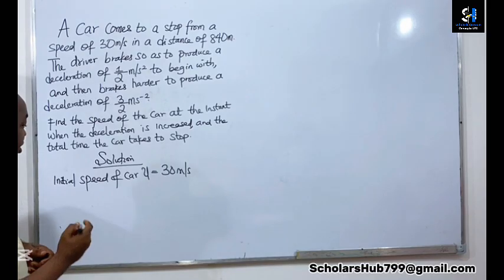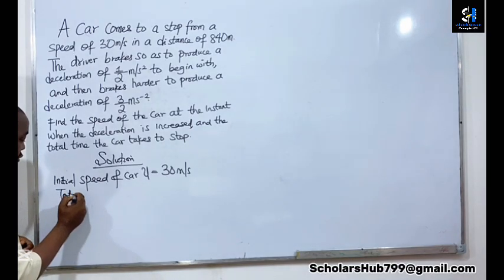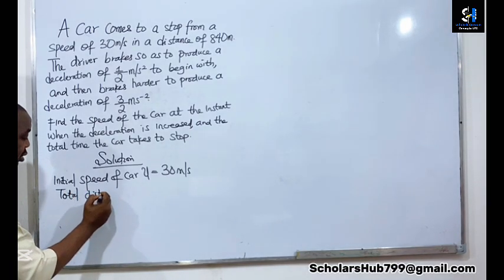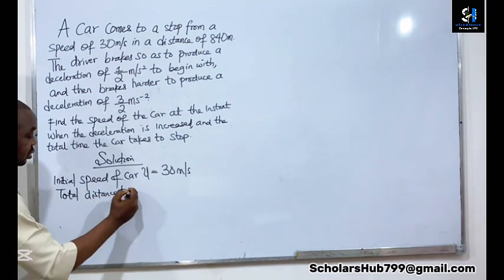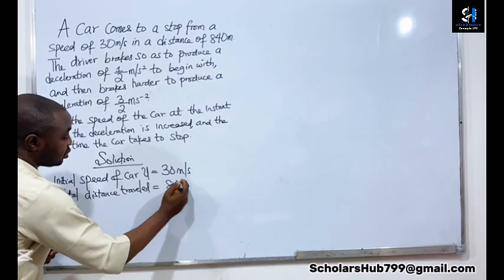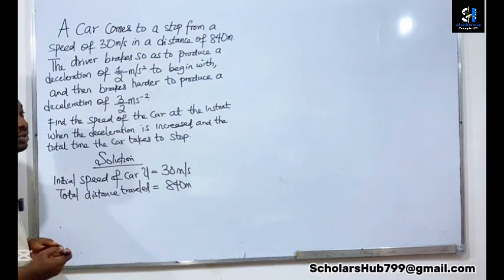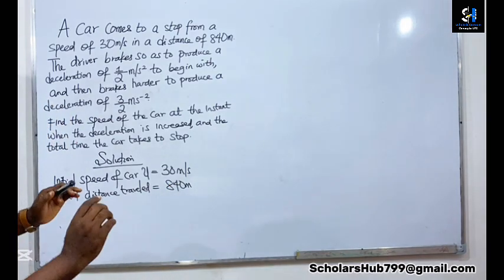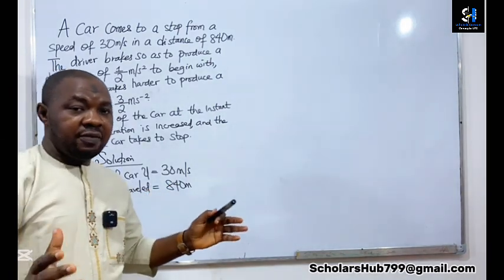So the total distance traveled, or the total distance covered, is 840 meters. So now, like I said, there are two phases involved.